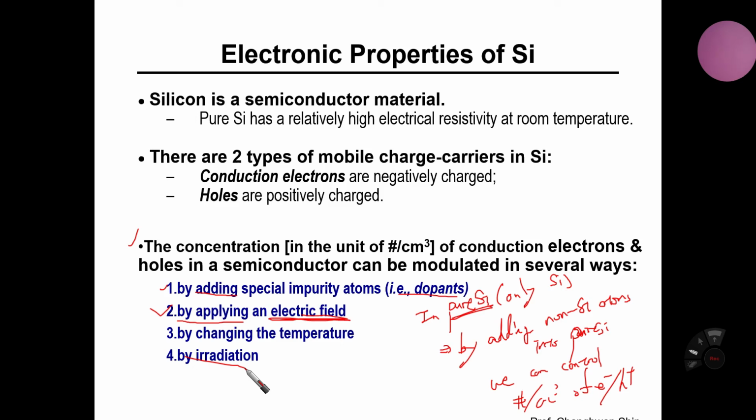So in electronic systems for aerospace applications, the concentration of electrons and holes is modulated by radiation, resulting in some ill operation of computers for aerospace applications.